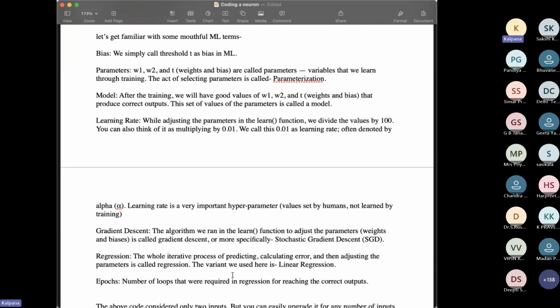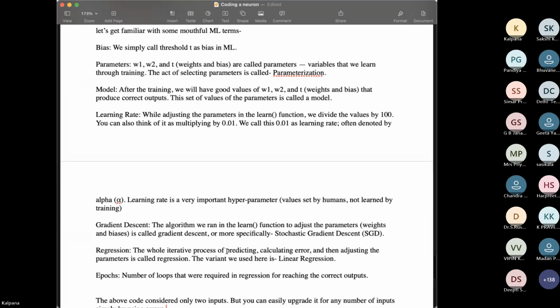Yes, ma'am. I have one question. When we are taking the threshold parameter T to be randomly chosen, will that depend on the problem which we are solving? Because in our hungry and eat problem, it should always be 0, 0, 1.